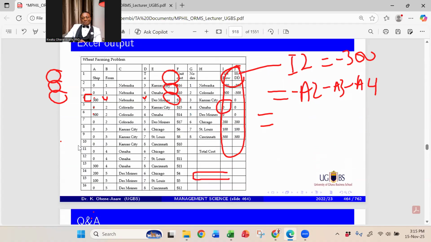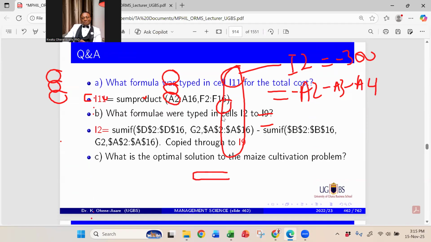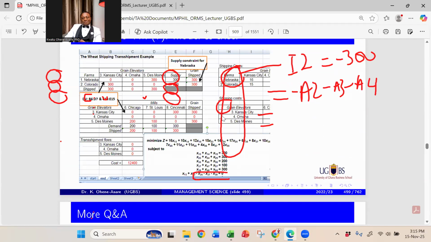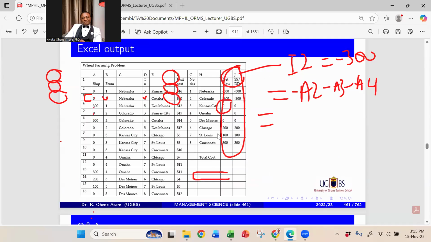So when you look here and you're trying to work out this very example, you're supposed to have the second one, which is this 300. And you're supposed to check this model. So look at the model. You have 2, 3, 2, 4, 2, 5. So that's what you're coming to pick here. Where is the 2? They are down here.